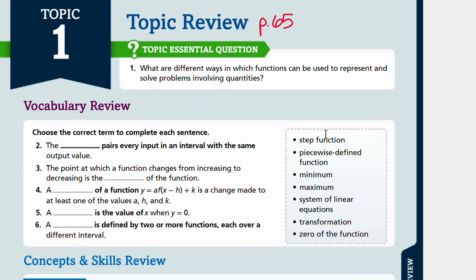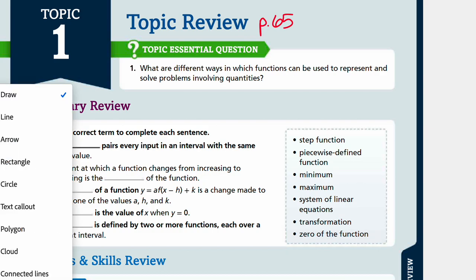But you have to think about the input and the output and make sure it's a function. So in this list of vocabulary, we have step function and zero of the function. So zero of the function is not something close to this, right? Zero of the function is where your y is equal to 0, or your function is equal to 0. So step function is something that you can use here.